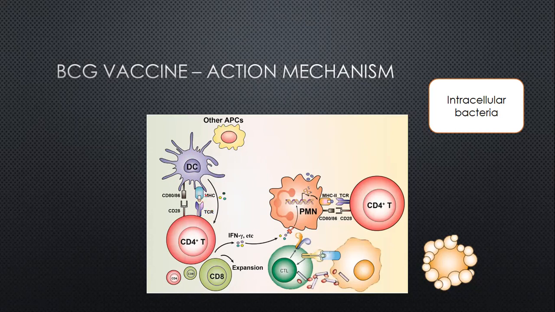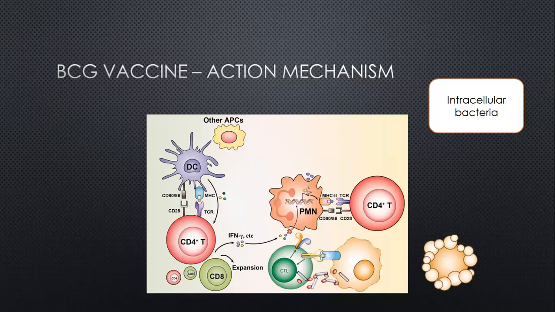So the MHC together with the antigen gets presented to the T cell receptor, and then this T cell gets activated. This activated CD4 cell produces interferon gamma and some other, how is it called? Tumor necrosis factor, right?